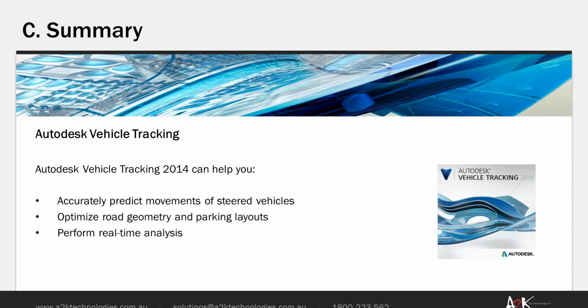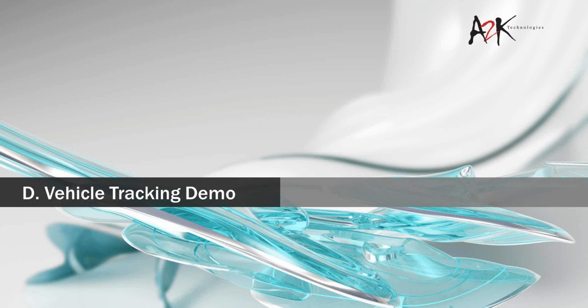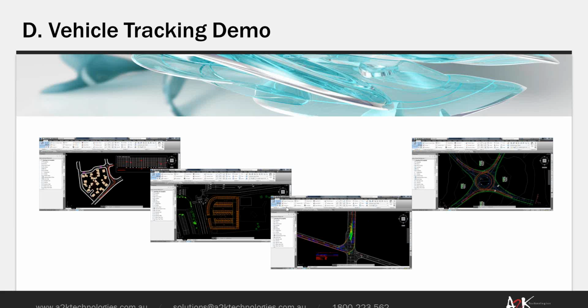Just recapping on what I had before. All right, let's get into the demo. I always like some live demos, to show you a bit more about the product. There are going to be 4 examples that I'm going to do today.